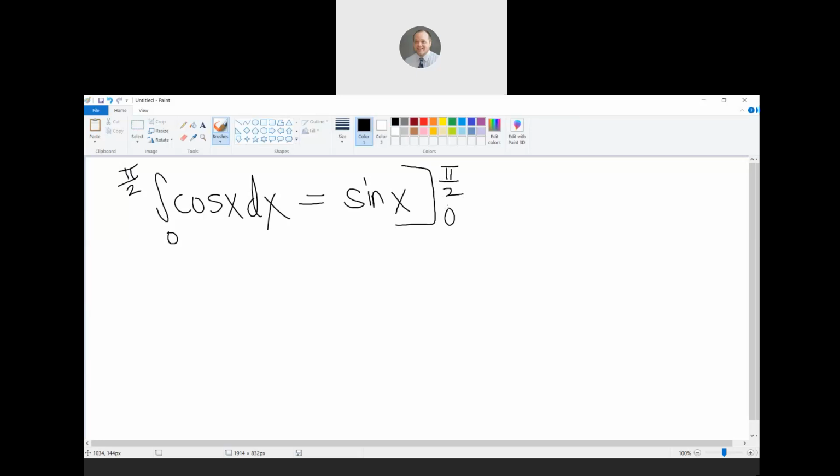Using the Fundamental Theorem of Calculus, Part 2, we'll plug in the upper limit of integration first. So that would be the pi over 2. A minus sign in between your substitutions. And the second go around, we'll plug in 0 for x.